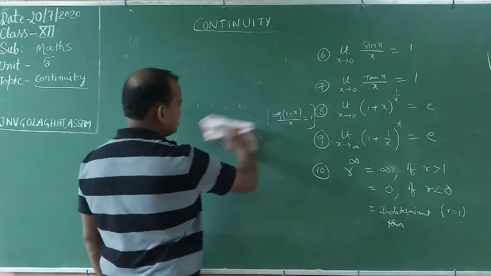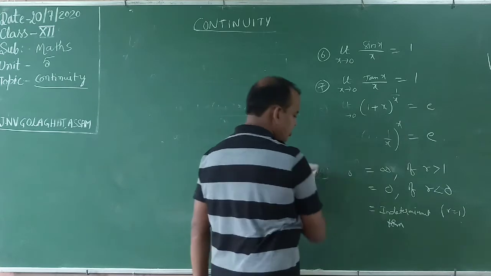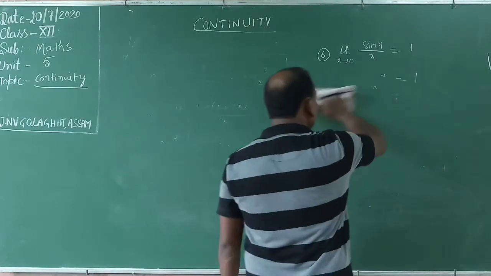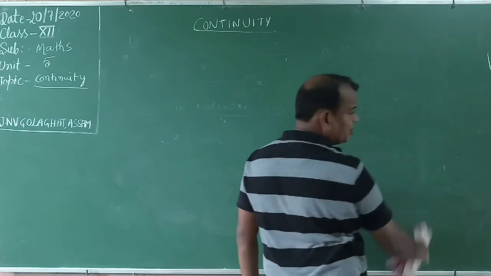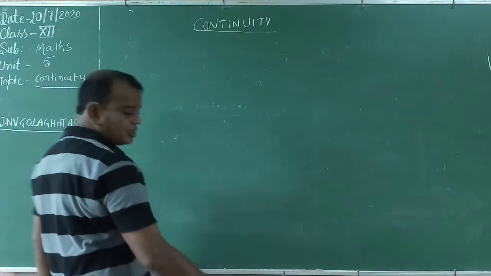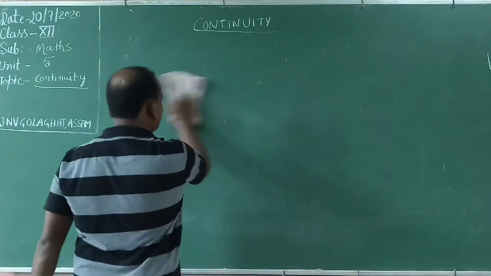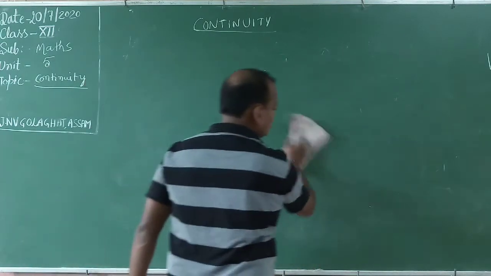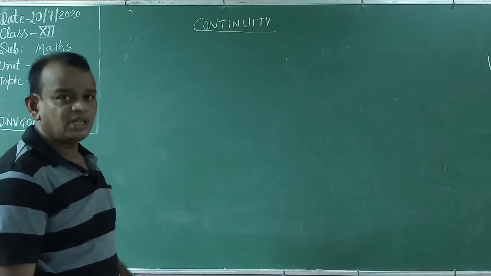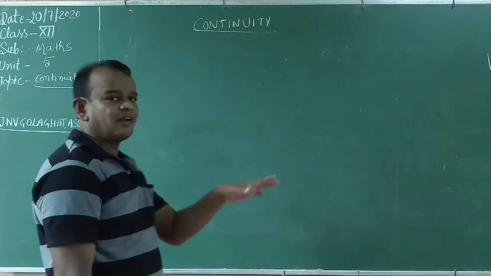Next, already we have discussed the left hand limit and right hand limit. Okay, if those two are equal, what happened? Those two are equal means the limit exists. What is the formula of left hand limit? You know very well, left hand limit and right hand limit. When x approaches a from the right side of a, and when x approaches a from the left side.